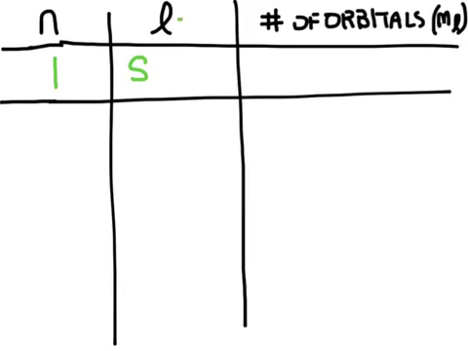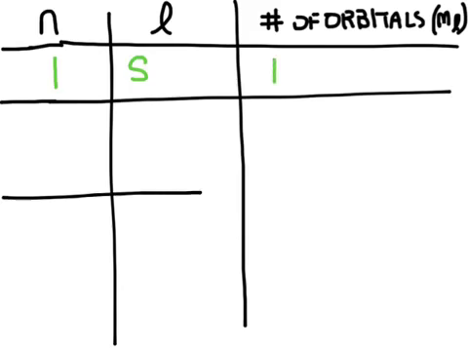Remember that L is equal to 0 up to n minus 1. So we only have the possibility of 0, and s stands for an L value of 0. And so the number of orbitals would be 1, just 1 orbital in the first energy level.